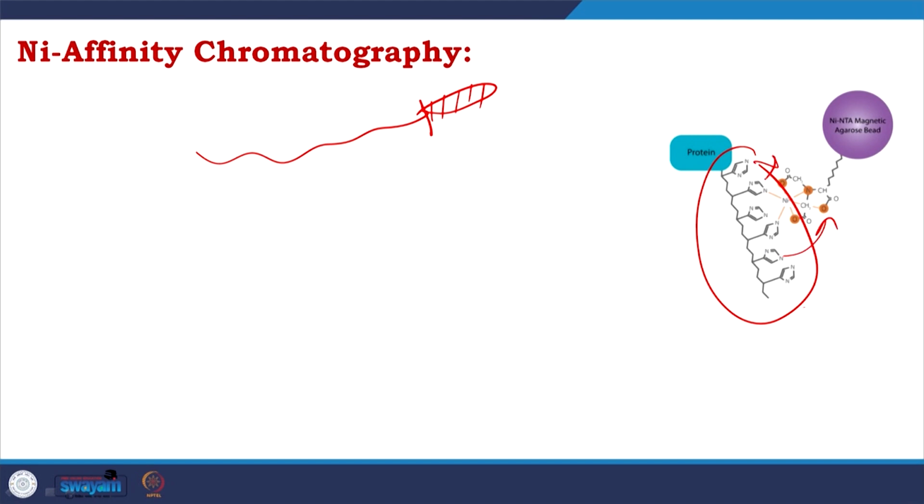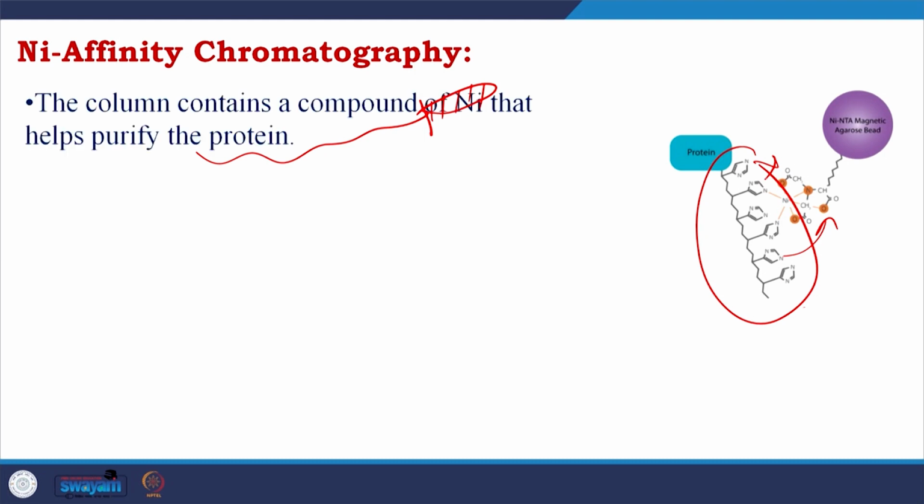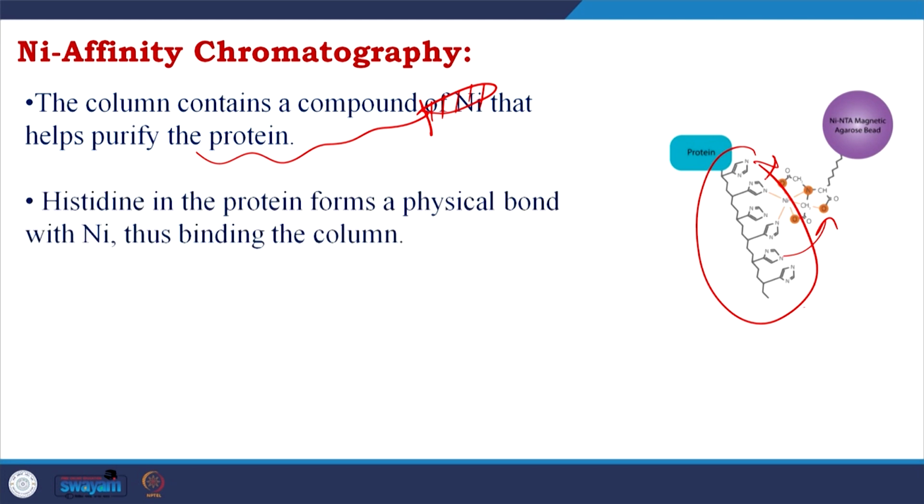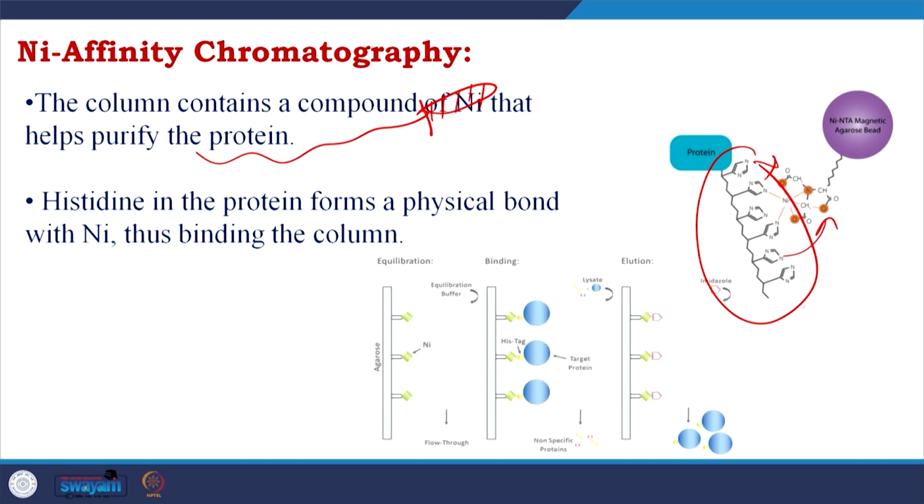So, the histidine bound protein will be specifically bound to this column, other proteins will flow through. The column contains a compound of nickel that helps to purify the protein. Histidine in the protein forms a physical bond with nickel, thus binding to the column. There are 3 stages.